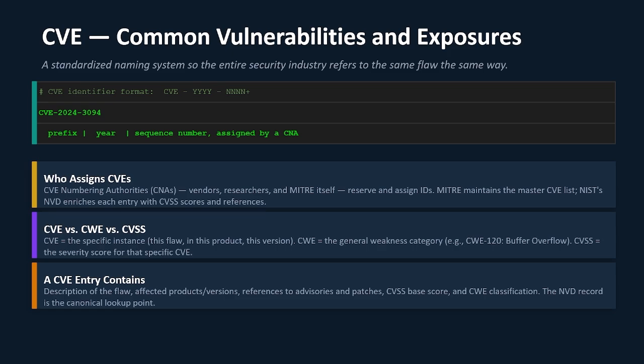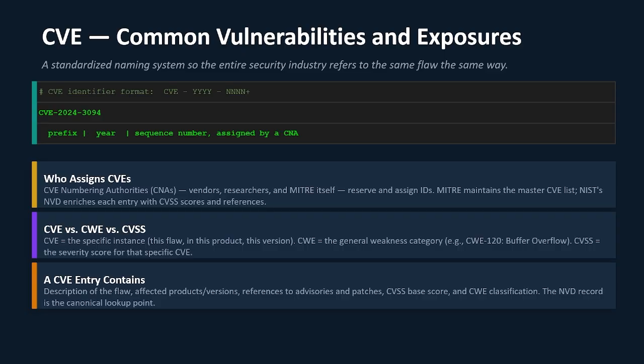A CVE entry will contain the description of the flaw and whatever products and versions it could affect, which can get quite long depending upon what the vulnerability encompasses. In the case of Shellshock, for instance, it was a vulnerability in Bash, and it existed in lots and lots of versions of Bash.